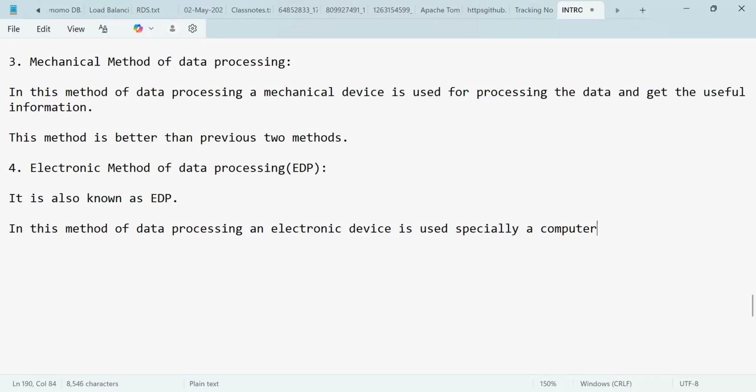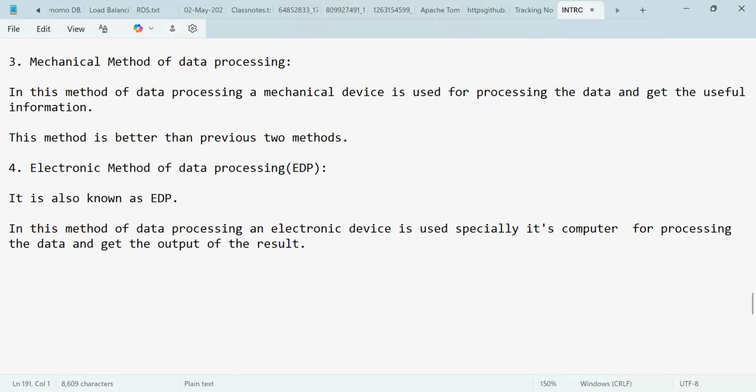Specially, a computer is used, for processing the data and getting the output or result. So that means the electronic device.